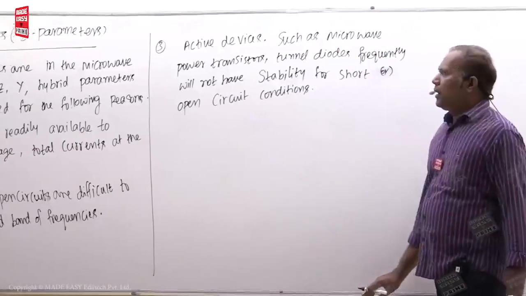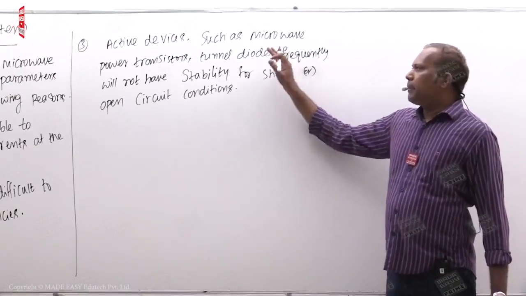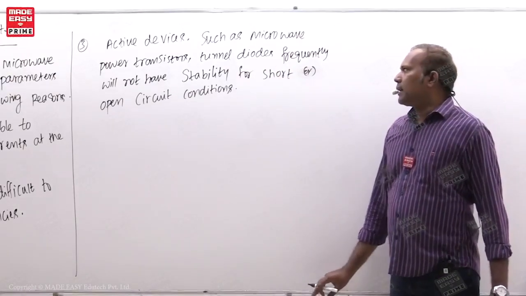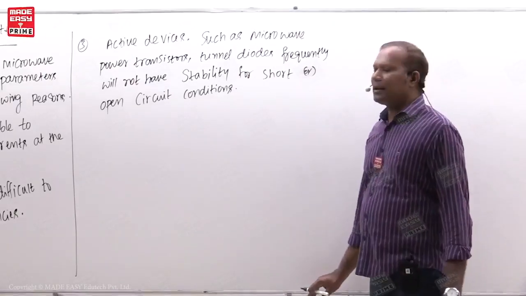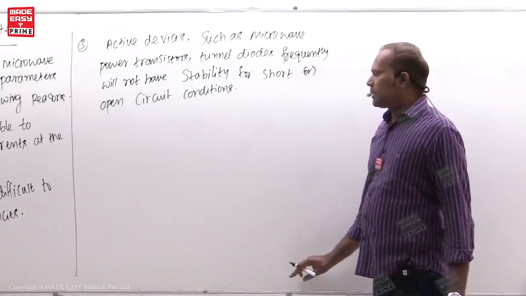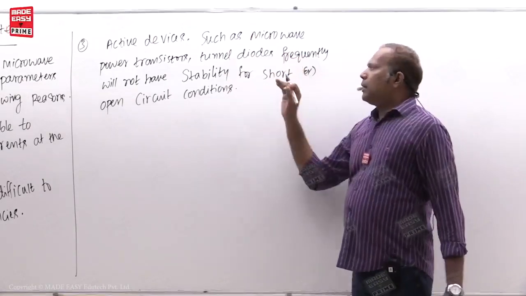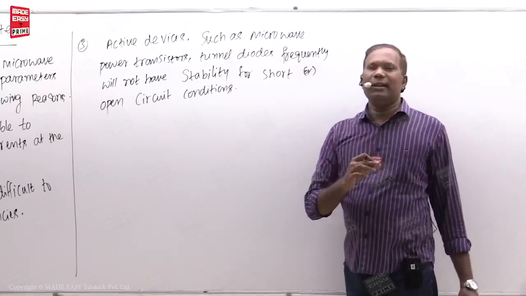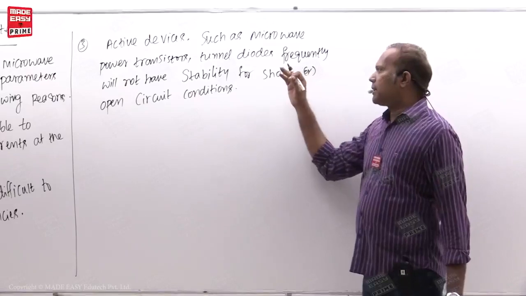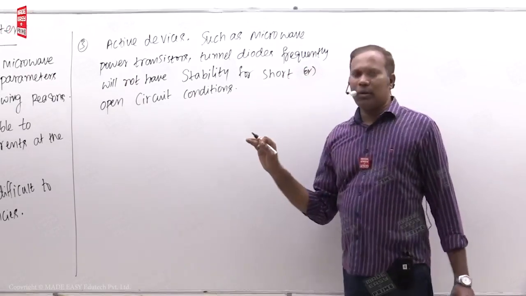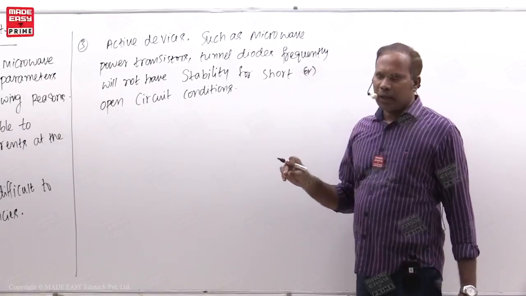Coming to this one, in microwave circuits, active devices like microwave power transistors, tunnel diodes, etc. are there. All microwave devices, Gunn diodes, etc. They are all microwave devices, and they don't maintain the stability of frequency, and sometimes they burn off whenever a reflected signal enters them. So short circuit and open circuit conditions in the circuit generate reflected signals.